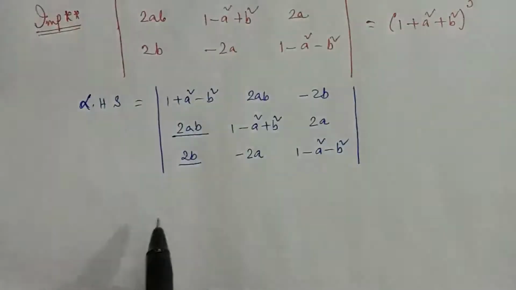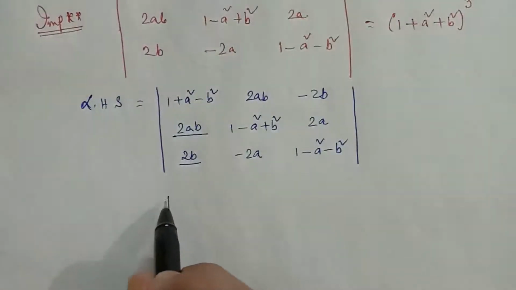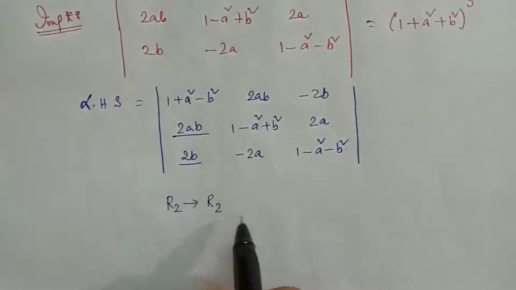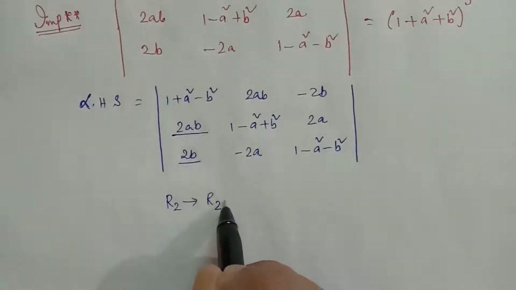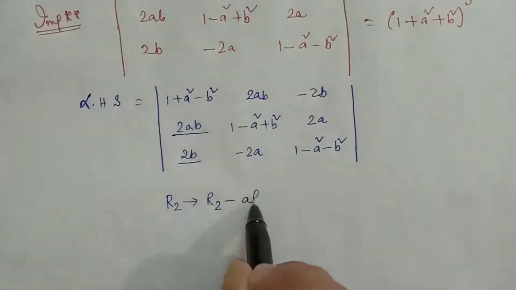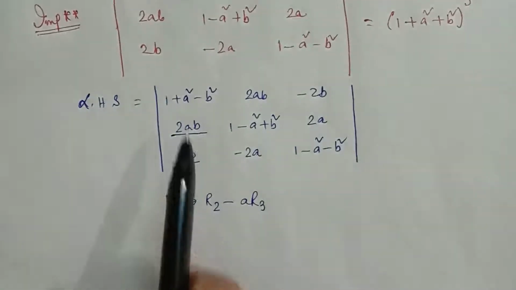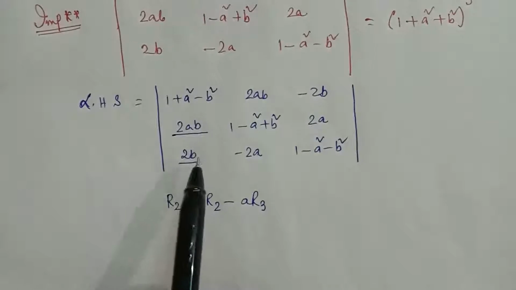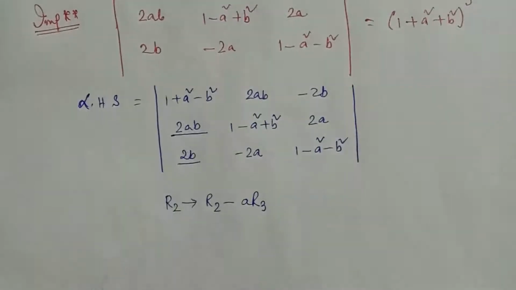So what to do? We will replace R2 by R2 minus a into R3. This minus a into this, if we multiply this by a, this will become 2ab. 2ab minus 2ab will give us 0.